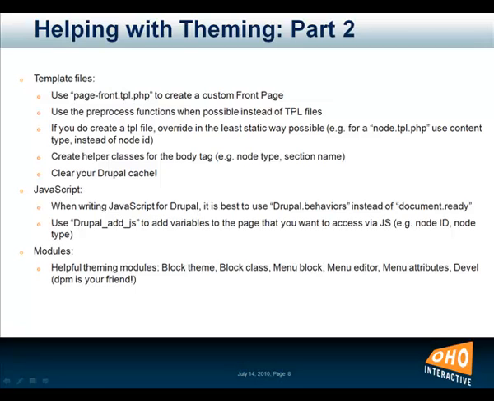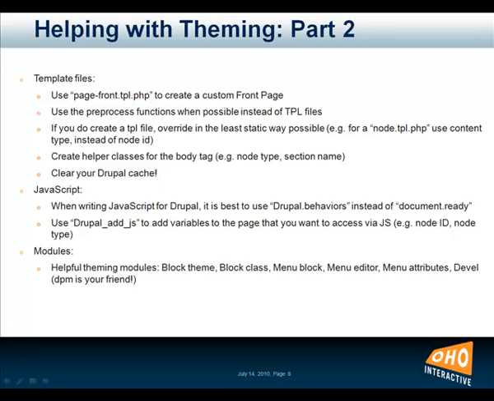And probably the one on this list that I like the most, that I use the most often, is the Devel module, or the developer module. As you can see, dpm is your friend, and this is what I use often. The dpm function allows you to look at any variable or array of variables in Drupal that are being called on the page that you're loading and see all the information associated with them.